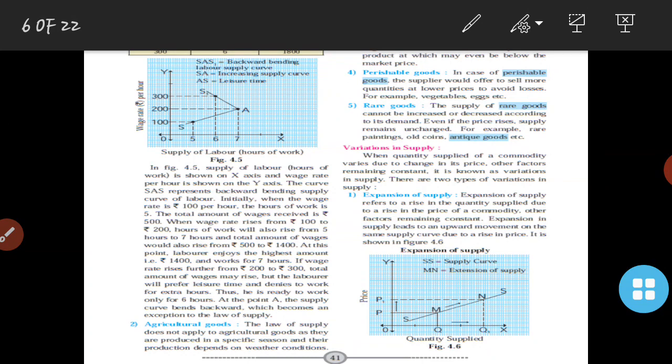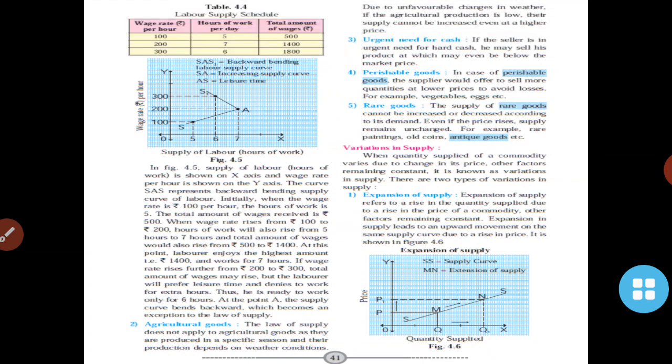If somebody gives you 500 for 1 hour of work, and if you work hard and nicely and they decide to increase the money, they will give 1000 rupees for 1 hour. So if they are providing a good salary to you, you will work more. Like that only in this chart it is given.